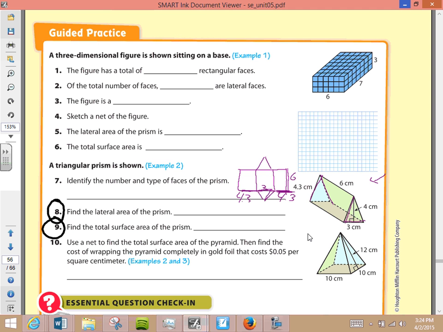Okay, so what do we do now to find it? You add all of these, and what do you get? What is 4 plus 4? That's 8, and then 3?